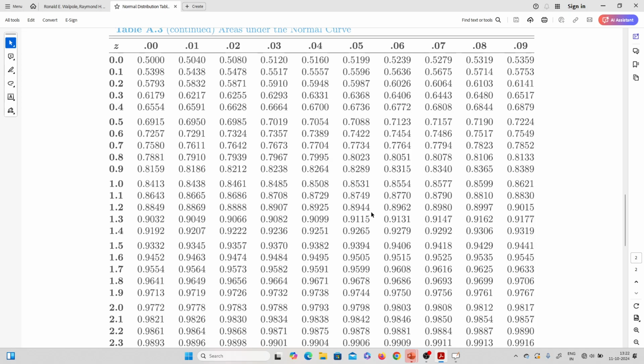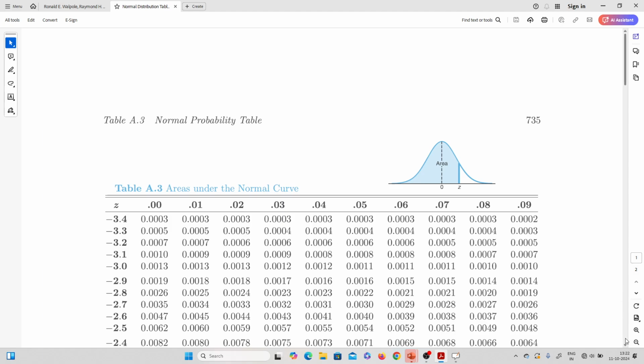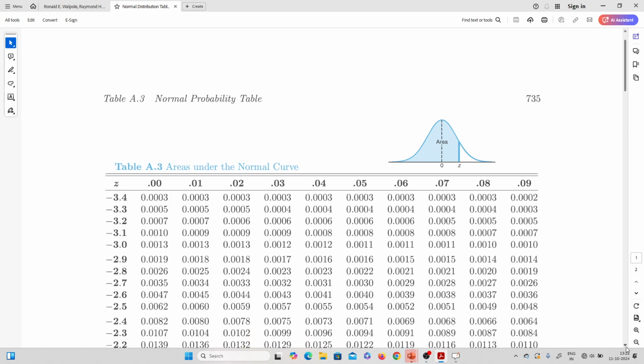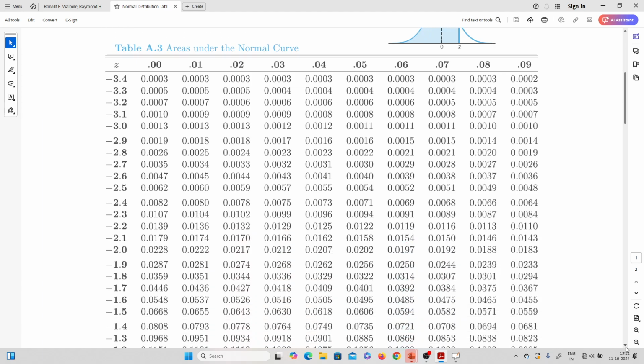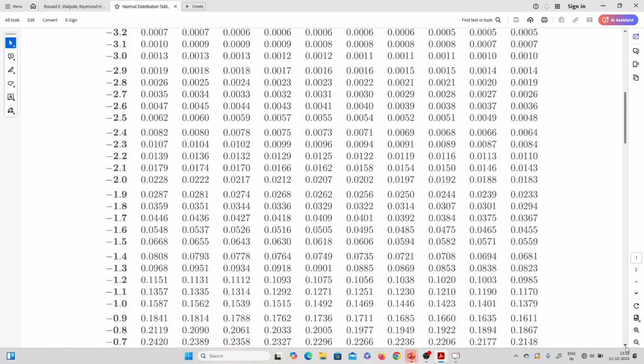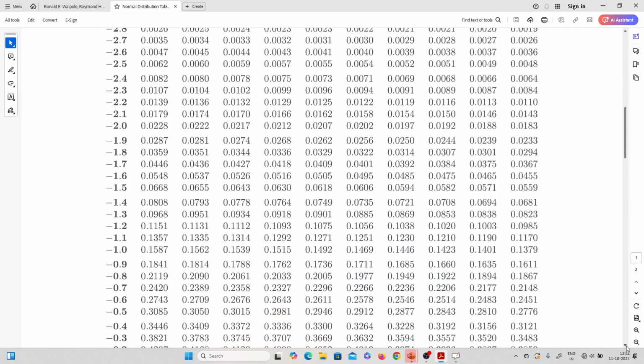So now from here I have to search for the value 0.25. Look here now. This is 0.2676, 0.2451, 0.2483 and 0.2514.